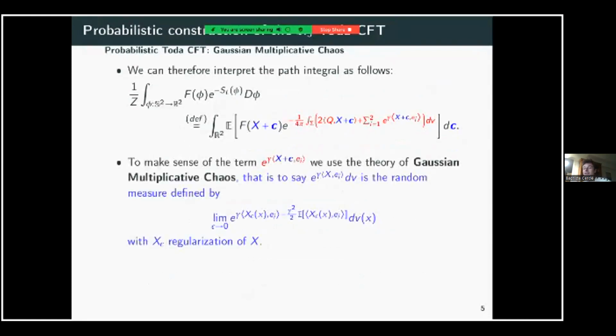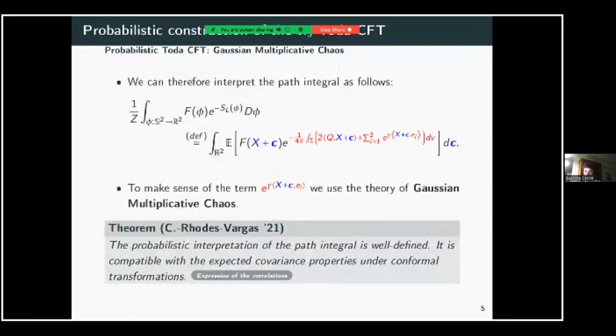That is to say, the exponential of the Gaussian free field does not make sense as a well-defined function, but rather as a random measure. So you can define the random measure exponential gamma dv, and if you do so, you end up with a well-defined probabilistic object.